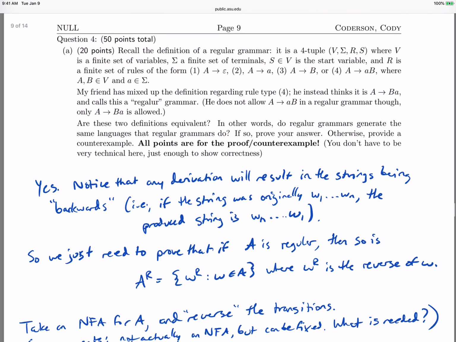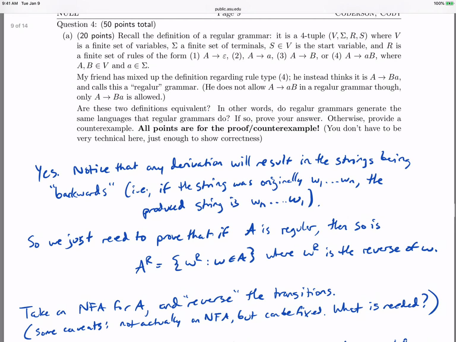So a lot of people missed these ones too. What I should recommend you to do is to read the questions. I said that before, but read the question. What does it say? It says, do regular grammars generate the same languages that regular grammars do? Okay?